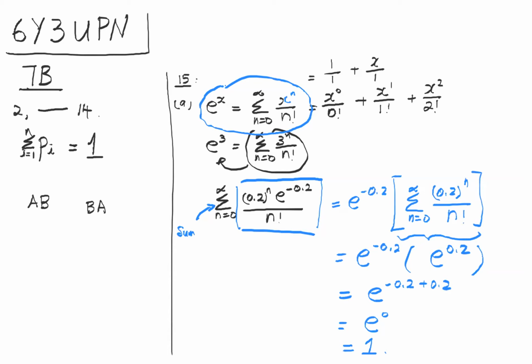So in order for this random variable to be a valid probability distribution table, the sum of all the probability must be equal to 1. So now we use this to help us to prove B.